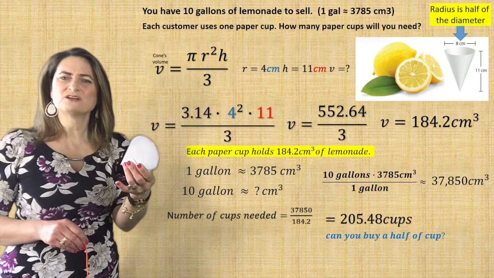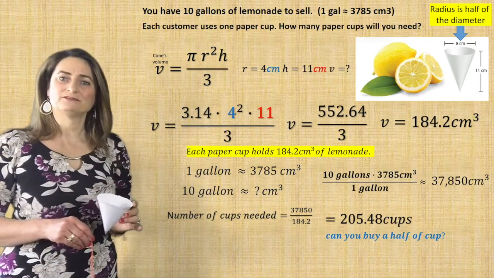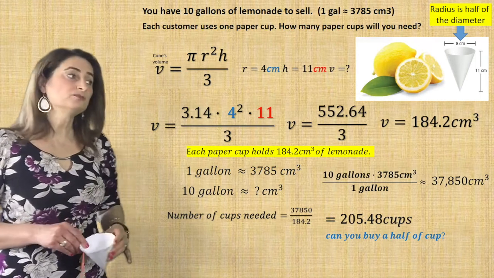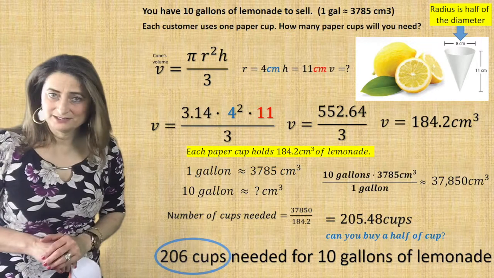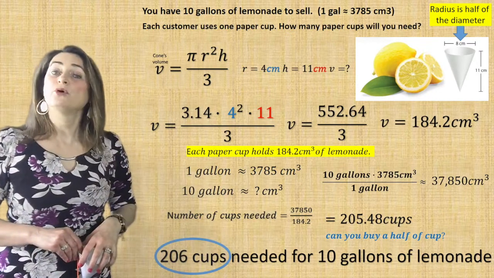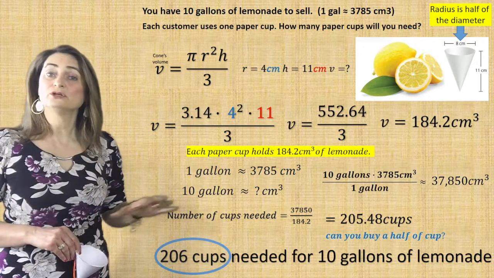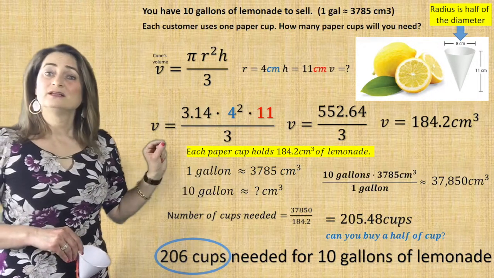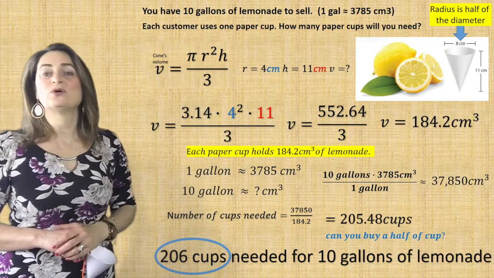Or can you give someone half a cup of lemonade without having the cup itself? So you have to buy 206 cups for 10 gallons of lemonade. 206, not 205.48. So think again, every time you have a real world problem like this, can you use the decimal or do you need to round to the whole number?